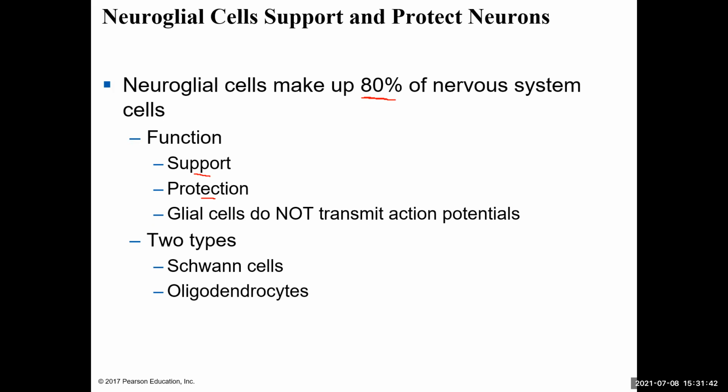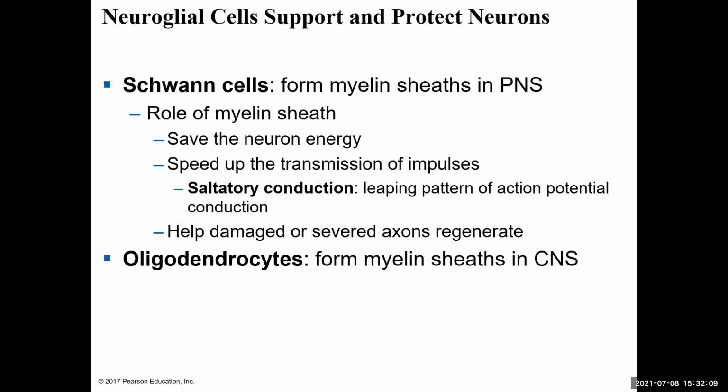The glial cells do not transmit the action potentials, and we'll talk specifically about what they do. But there are two different types of neuroglial cells. You have Schwann cells and oligodendrocytes, and depending on where you find the glial cells determines the type of glial cell that exists on the neuron.